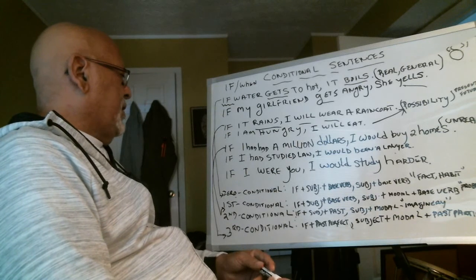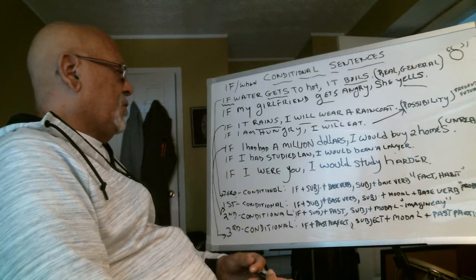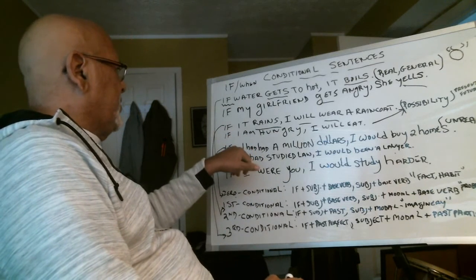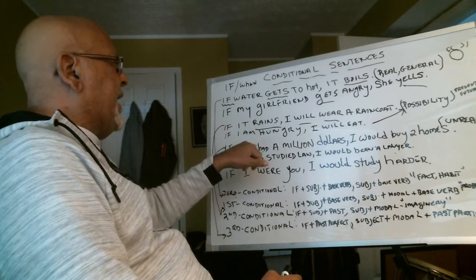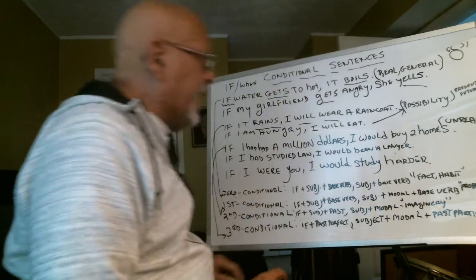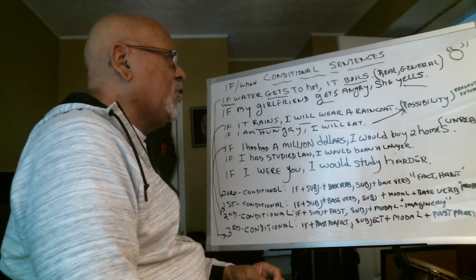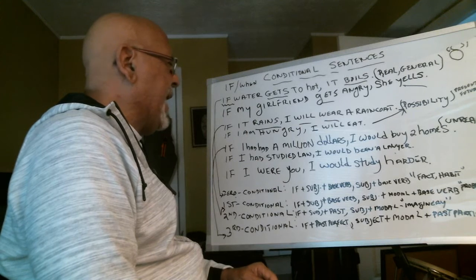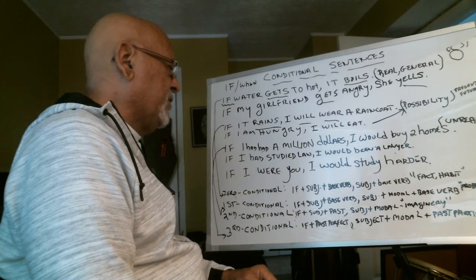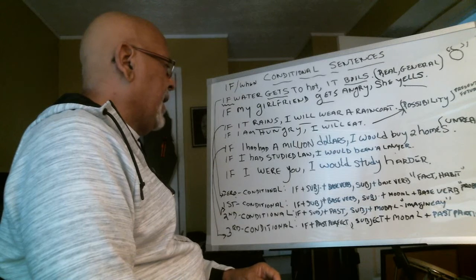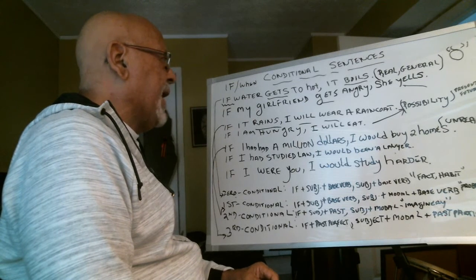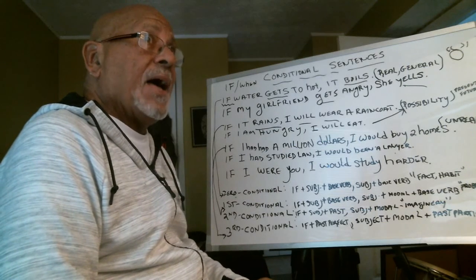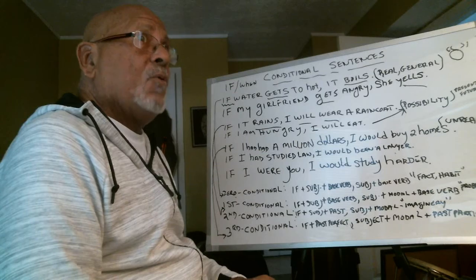So we're going to go down to the next sentence. If I had had $1 million, I would buy 2 homes. I would buy, I might buy, I will buy.